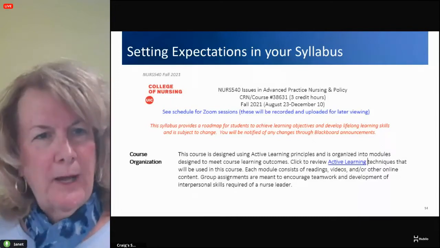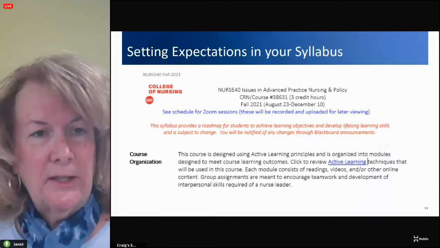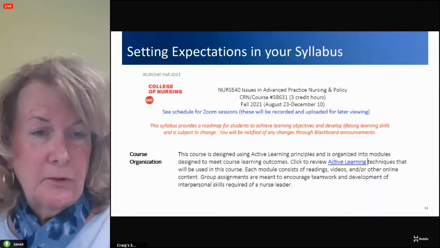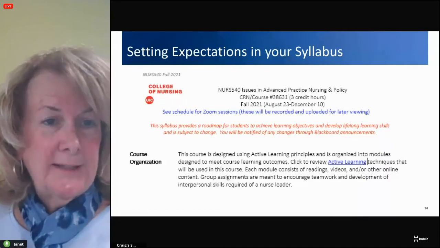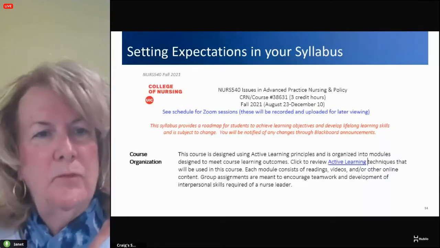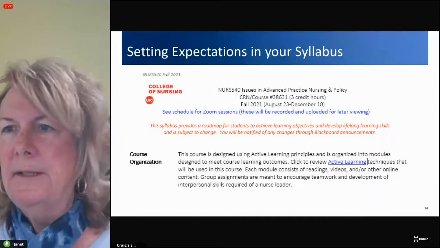You'll see that throughout my syllabus, I incorporate hyperlinks so the student, if they're not familiar with active learning and that I'm going to expect them to be actively involved in the course, can click here and it will take them to a current source of information. Next slide, please.